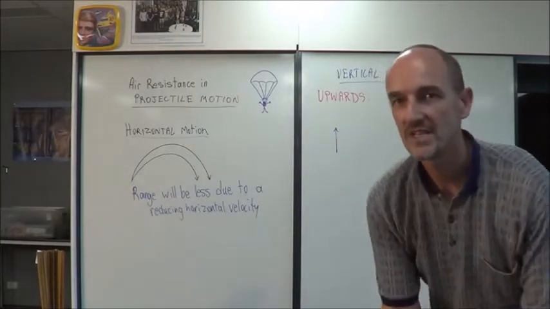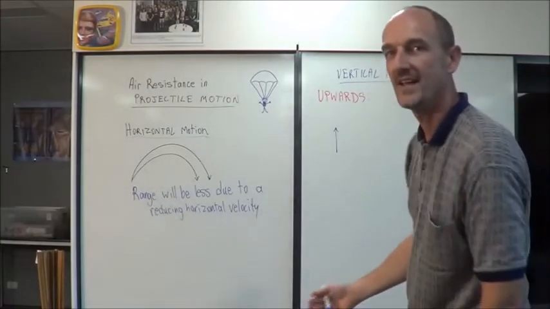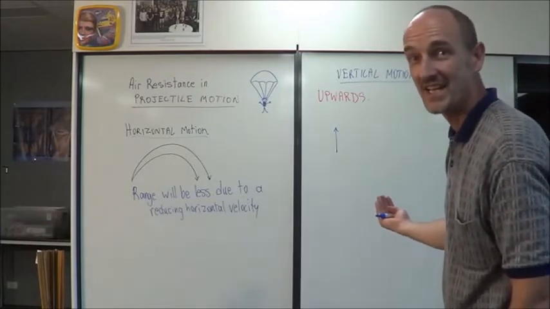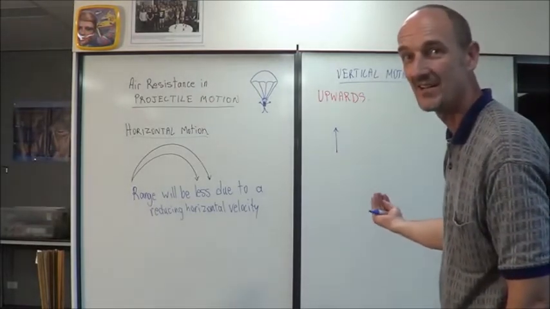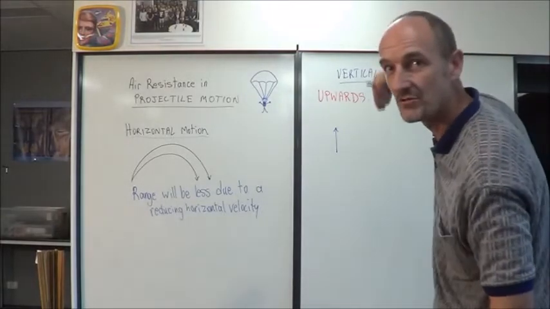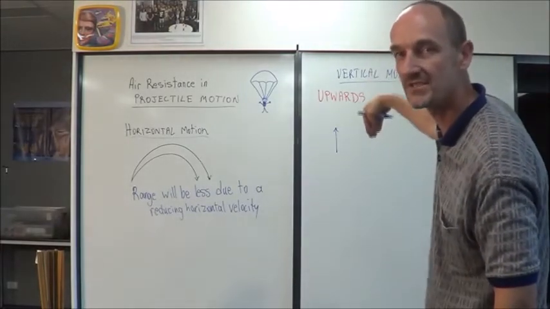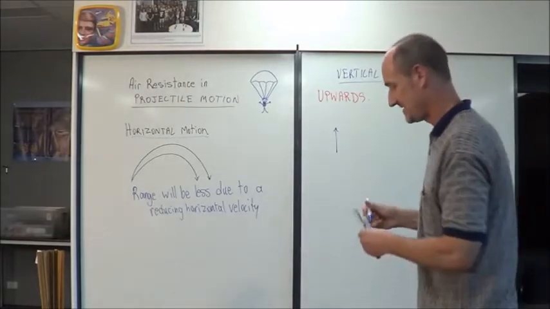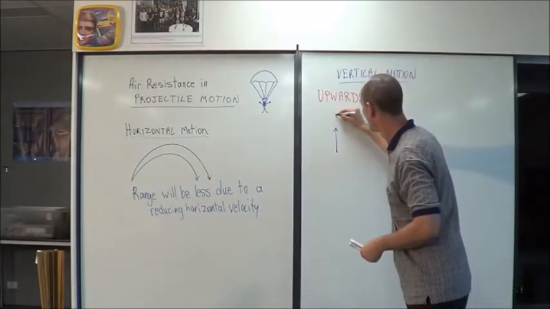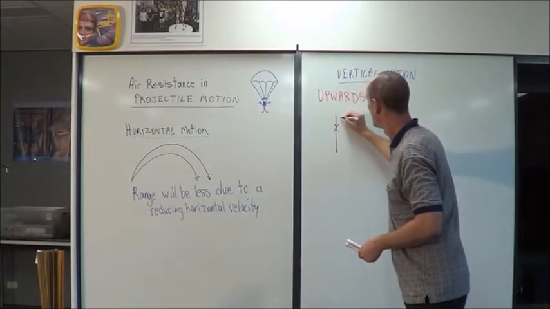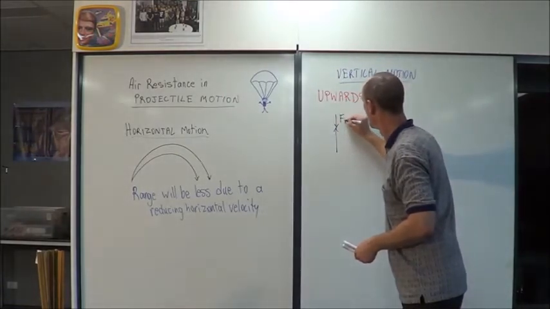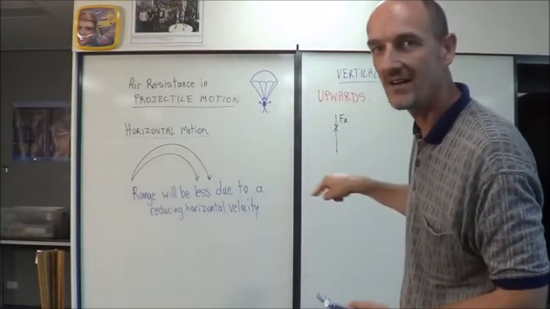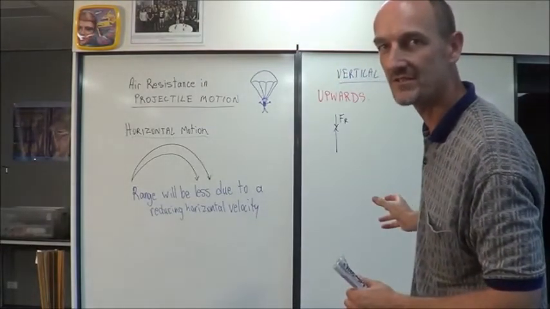Okay, so the object is moving up like that, and in what direction did we say the air resistance is acting? Alright, that's right, it's acting to oppose the motion. So the air resistance force on the way up is acting downwards. I'll give it the symbol FR for the force of air resistance, okay?